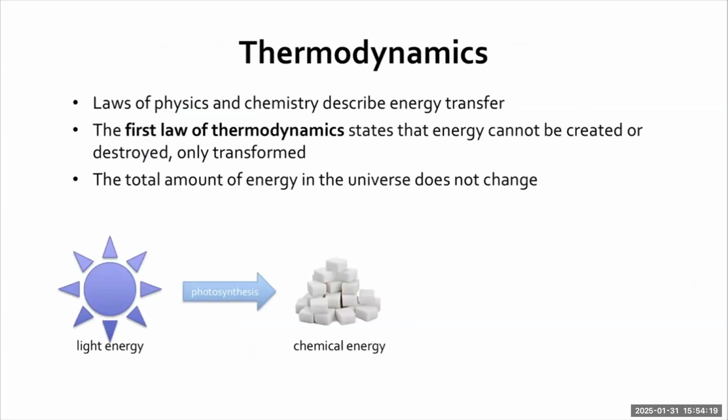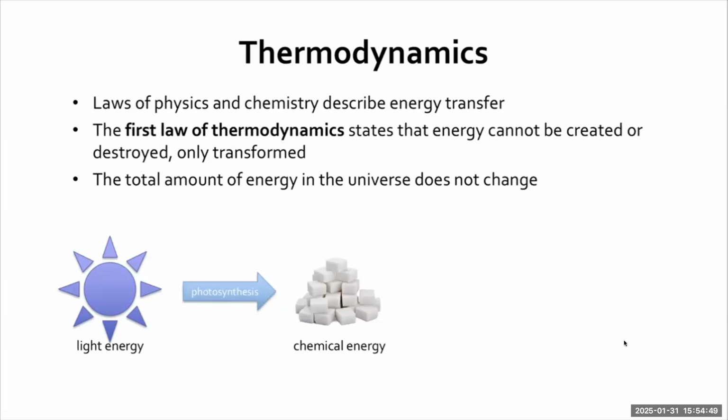The first law of thermodynamics is what's referred to as the law of energy conservation. It states that energy cannot be created or destroyed, although it can be converted into other forms. For example, photosynthesis is a process that uses light energy and through a series of reactions transforms that into sugar, which is a form of potential energy.